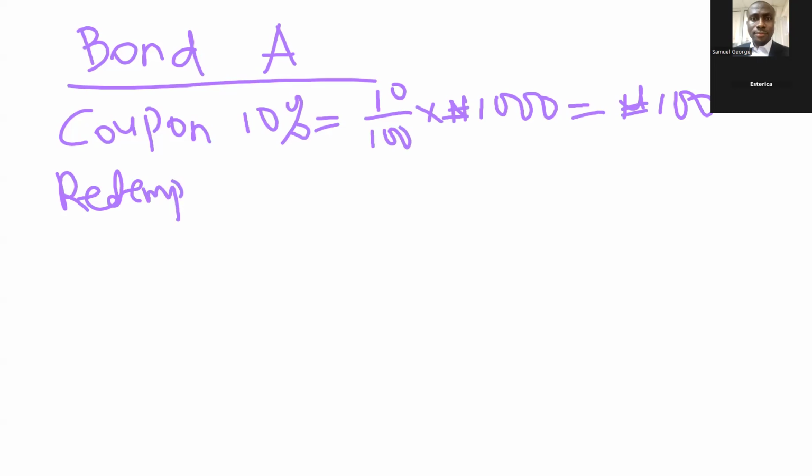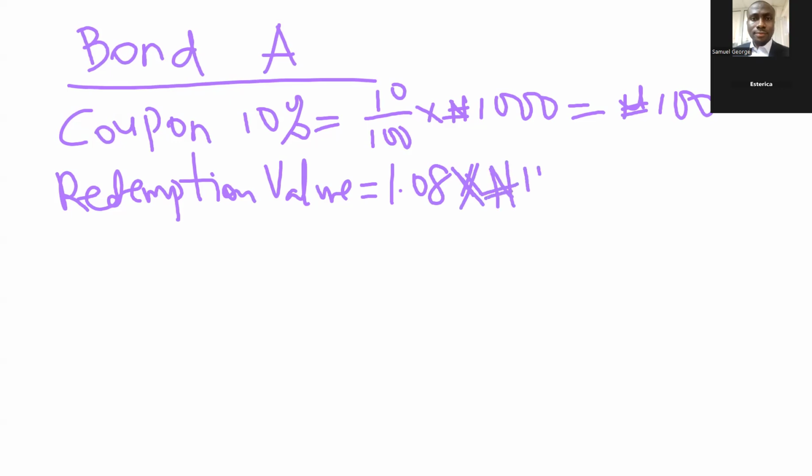Redemption value is equal to 1.08 times the nominal value, which is 1,000 naira. Now, why did I say 1.08? They said it is going to be redeemed at a premium of 8% of the nominal value. So 8% of 1,000 is 80 naira. Add it to 1,000, that is 1,080 naira. So we've gotten our two cash flows.